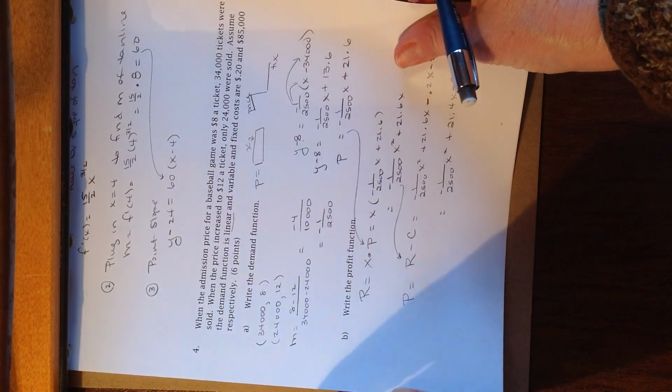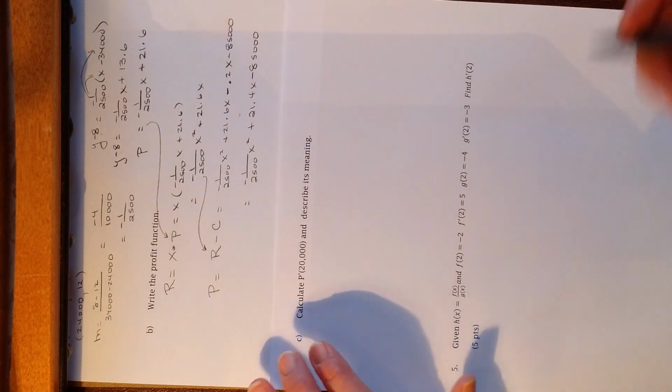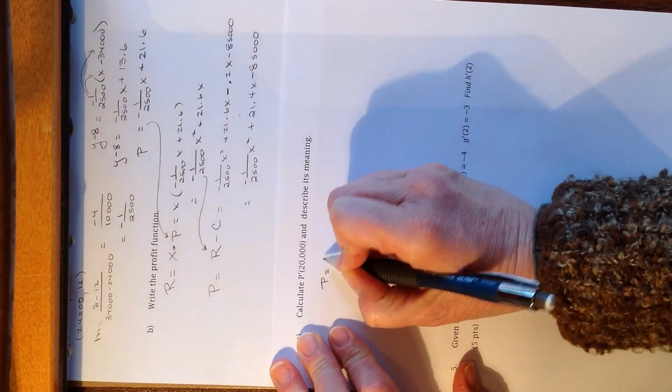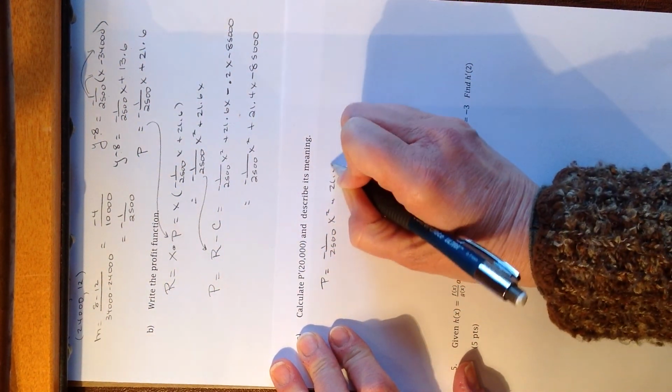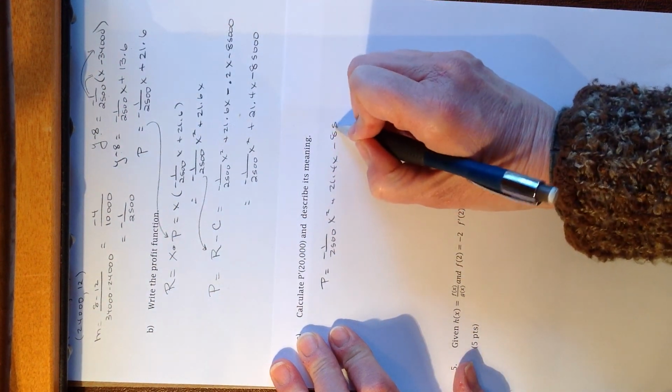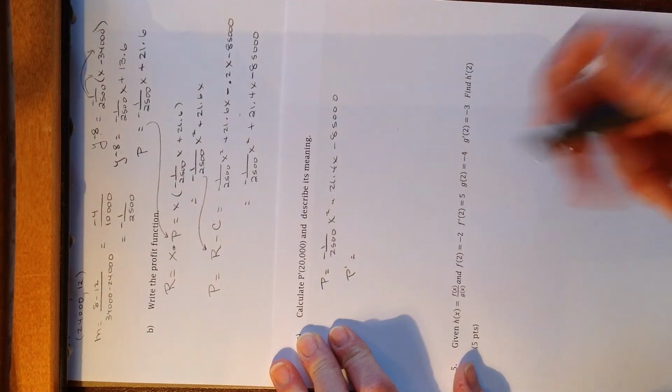Then I move on to letter C, which asked me to calculate P prime of 20,000. So I'm going to just rewrite my profit function. Take its derivative with the power rule.